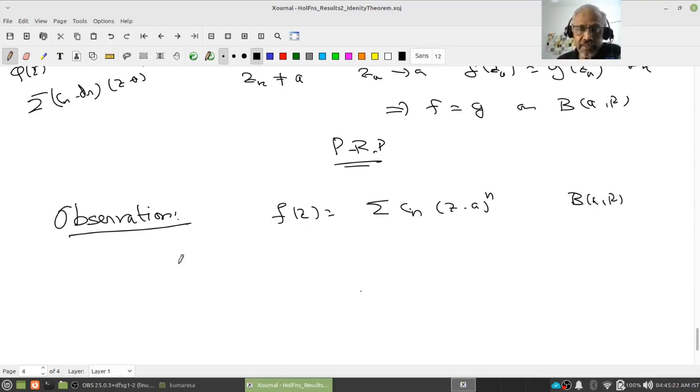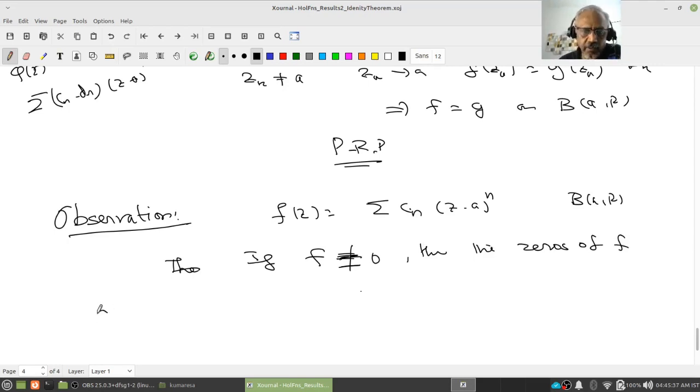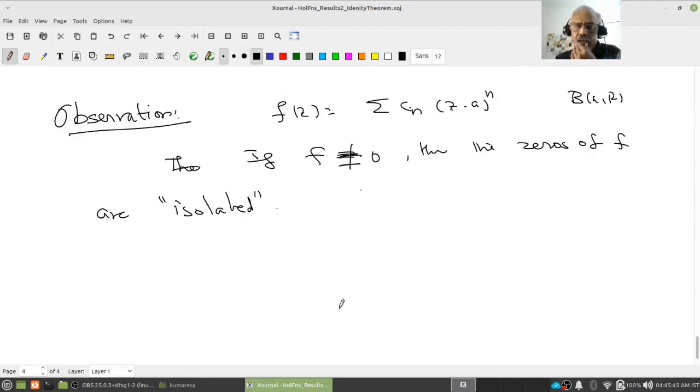I want to say that if f is not identically 0, then the zeros of f are isolated. What does it mean? What it means is the following.